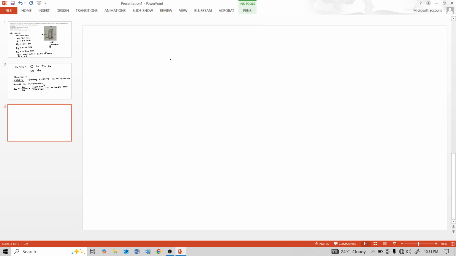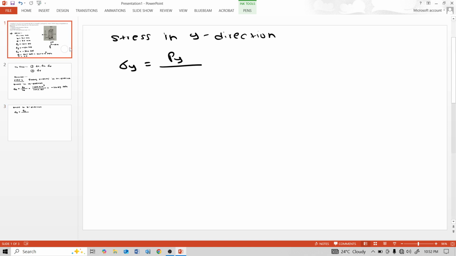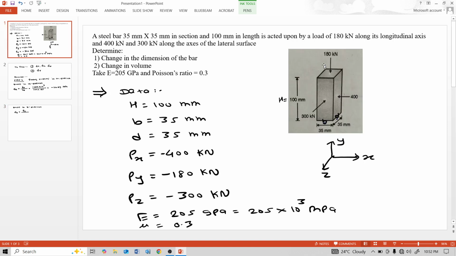Next, find stress in y direction. Stress in y direction, denoted by sigma y, is equal to load in y direction divided by the cross-sectional area. Load in y direction is minus 180 kilonewton and cross-sectional area is B into D, width into depth.